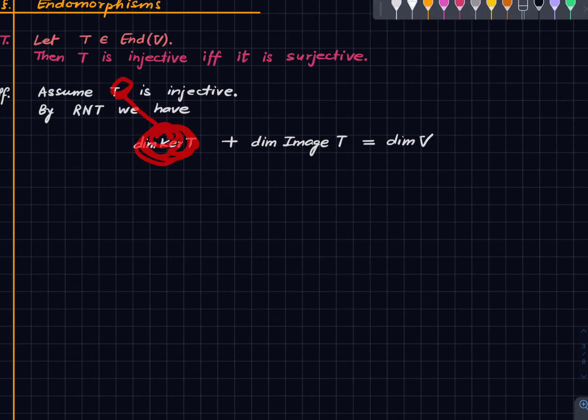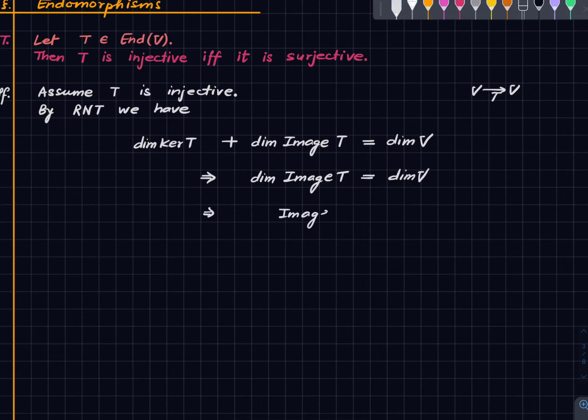Injectivity of T implies the kernel of T is trivial, and hence this is 0, and therefore the dimension of the image is the entire dimension of V. Right, this is the case, but since image T is contained in V, after all, the target of T is V as well as the domain, this implies that image T must be equal to V.